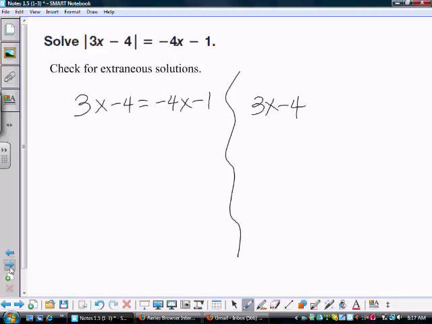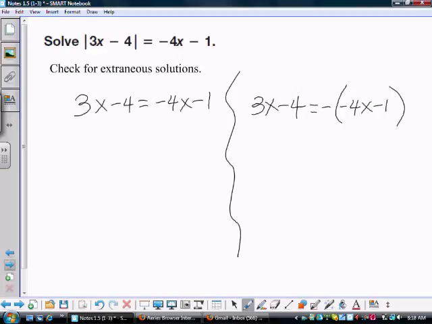We had to do negative and positive 6 on the first one, so we do the opposite of negative 4x minus 1. So this is equal to the opposite of negative 4x minus 1. There's your positive, there's your negative. We'll work the positive one first because that one will be easy.